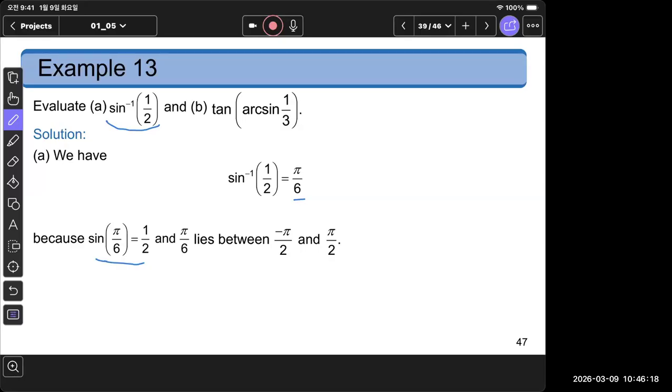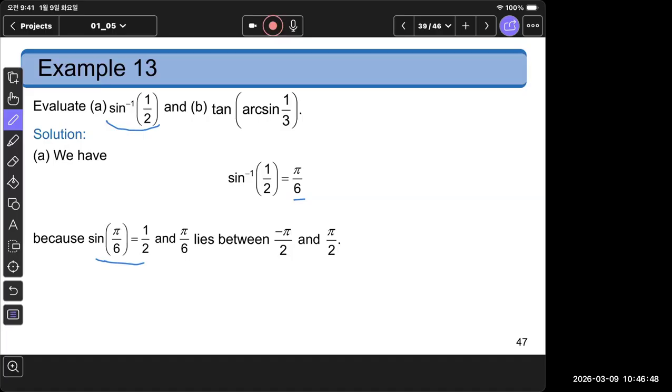Please remember that the inverse function must be one-to-one as well. So you have only one image for 1 half under the arcsine function. And you need to choose a value between minus half pi and half pi, because the inverse function is considered only when the domain of the sine function is restricted to minus half pi to half pi.